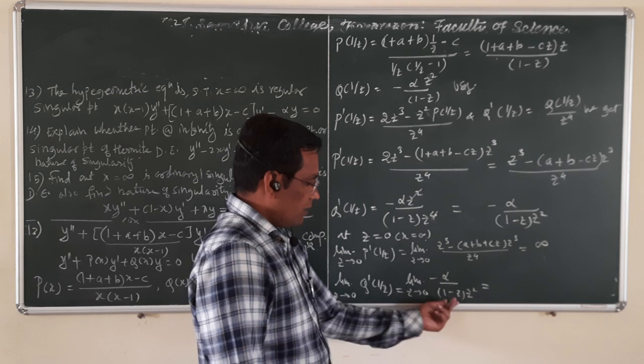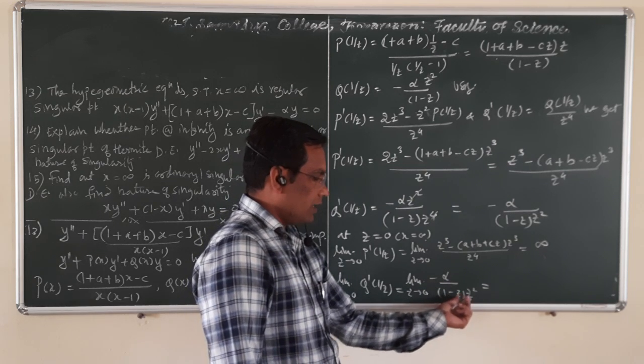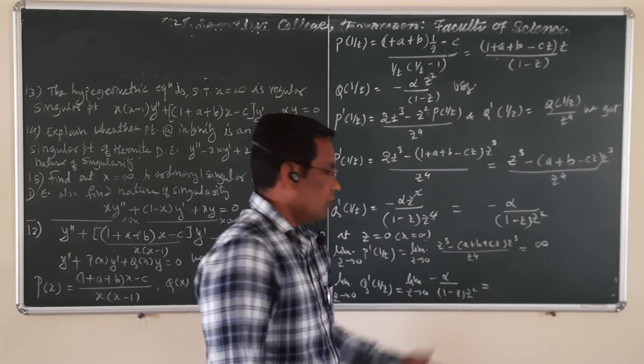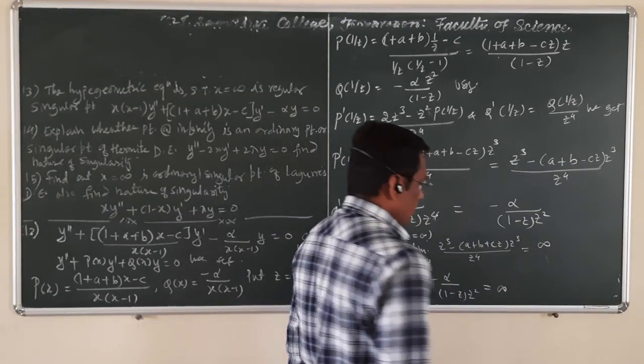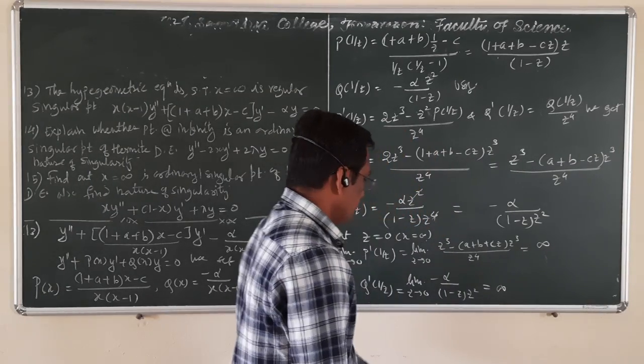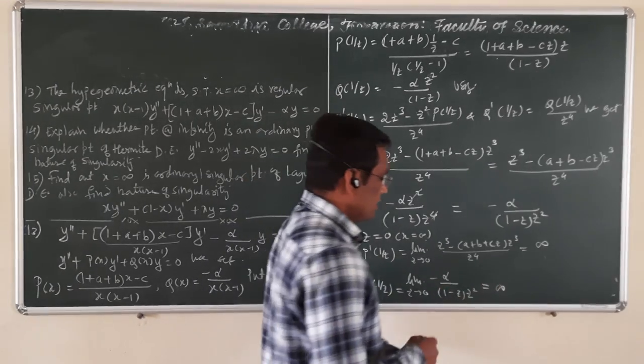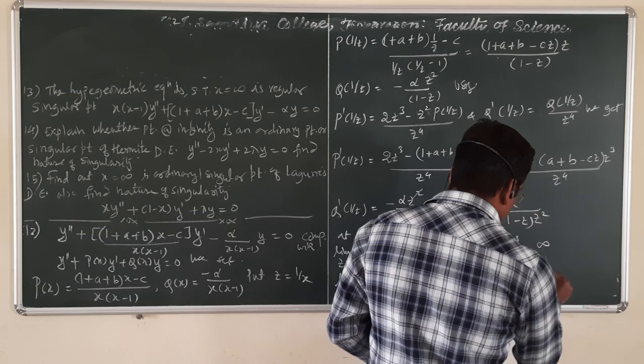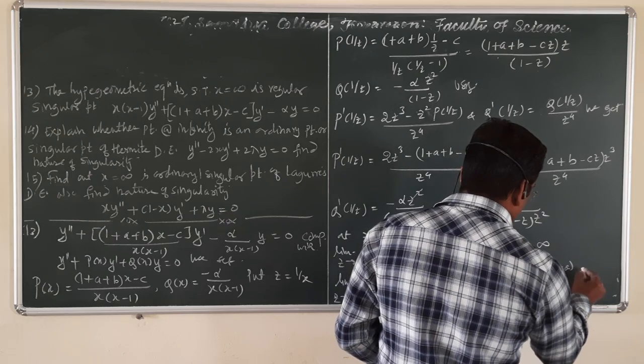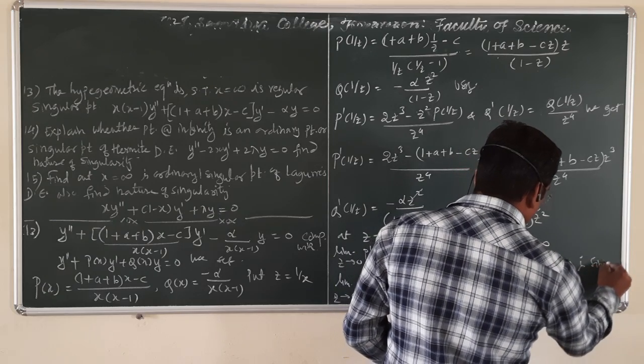Alpha times (1 minus 0), which is 1, so alpha upon 0, which is again infinite. Therefore, since p dash and q dash become infinite, we can say z equal to 0, or x equal to infinity, is a singular point.